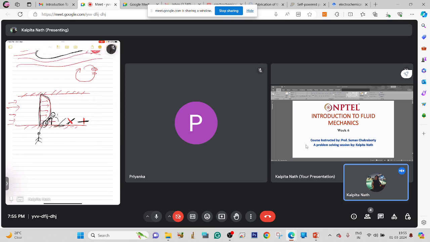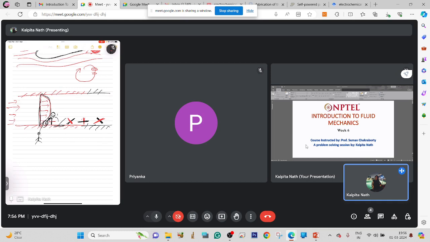You can see how that is changing. If I move more, then this will be the black part and this the red part, because every time there will be a difference in velocity between the top point and the bottom point. So it will keep on rotating.